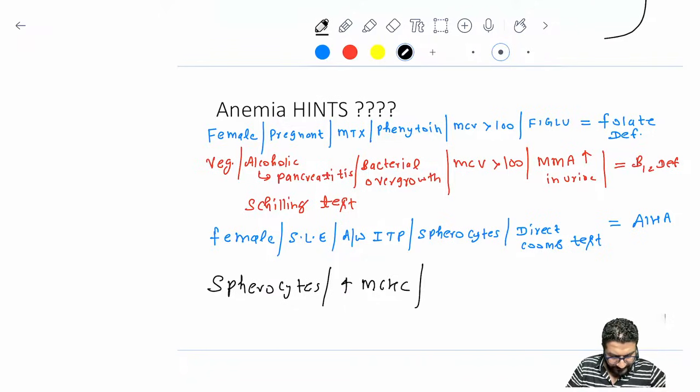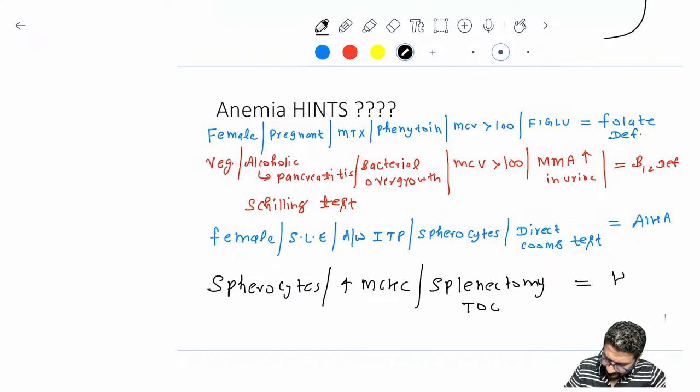Then they will mention that splenectomy is the treatment of choice. So these are the hints of hereditary spherocytosis.